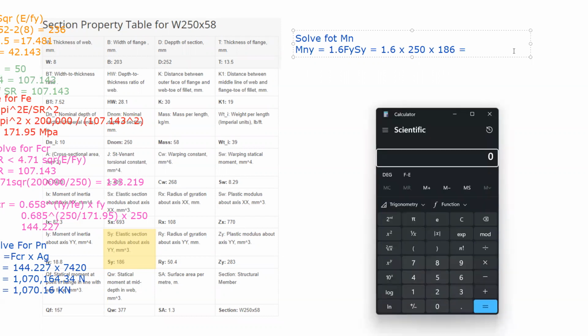So we have 1.6 times 250 times 186, which is 74,400.